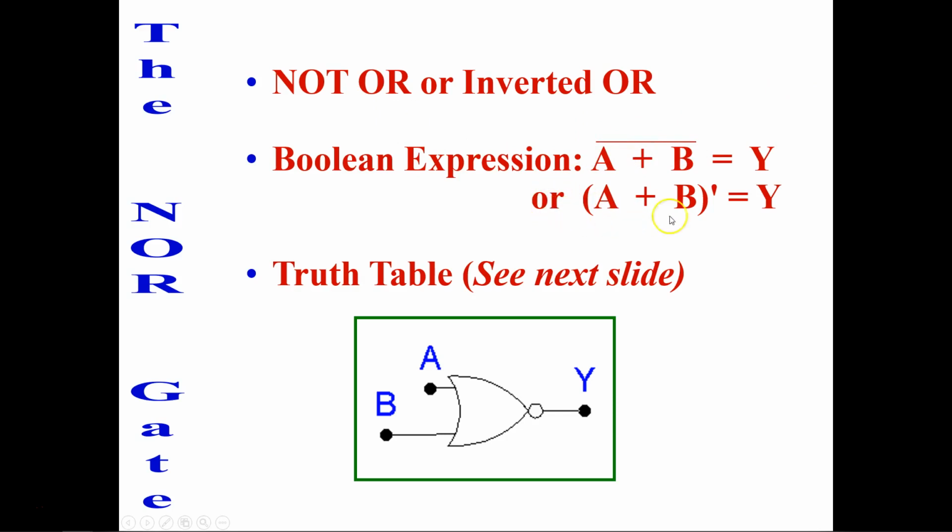And this is another way of representing it, (A plus B) in brackets and a dash. Dash represents your complement, which is equal to Y. And this is the symbol for the NOR gate. So this is your OR gate, and then when you have a NOT here, that will make the gate a NOR gate.